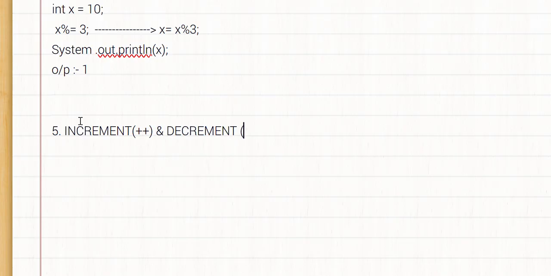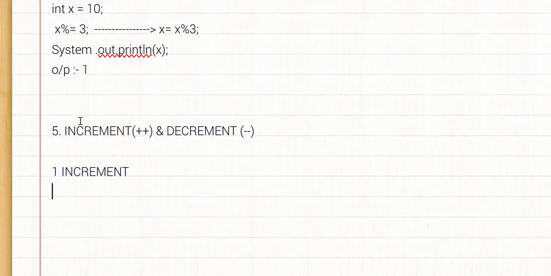Decrement means you'll get 2 minuses. These are the symbols. Increment and decrement are two types, and there are also types within them. First we'll discuss what an increment operator is and next the decrement operator. First one, increment.